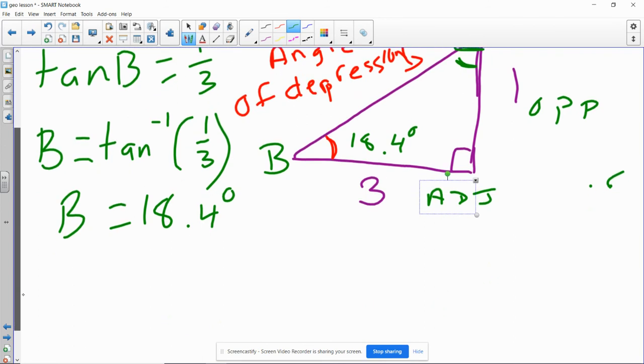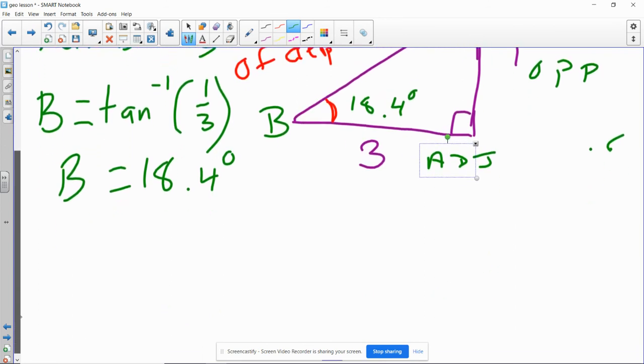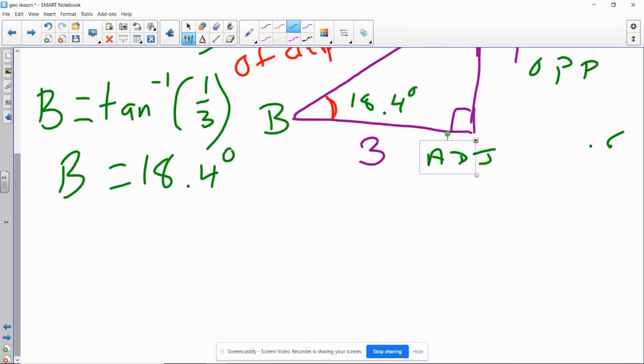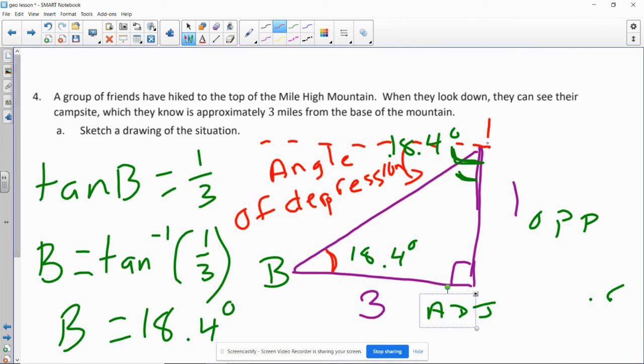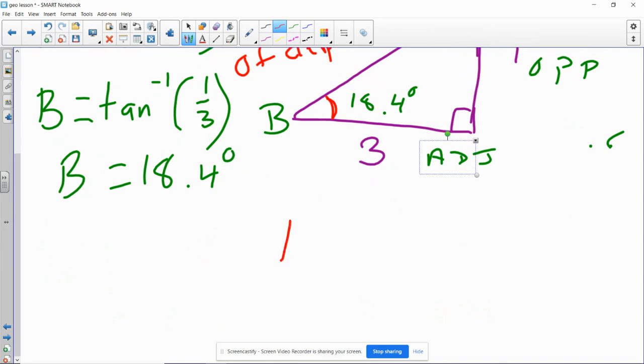So the other way to do it is with that top angle, so we'll say this is A for the apex. So the tangent of A, the opposite side is now 3 and the adjacent side is now 1.